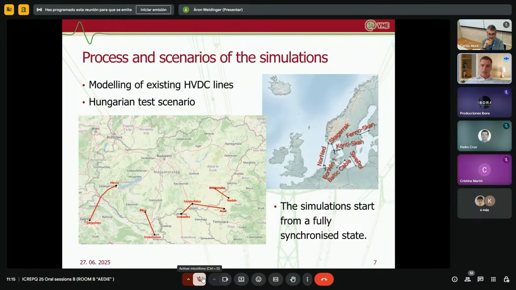Our simulations began by modeling all currently operational HVDC lines in Europe. Then we moved onto a Hungarian test scenario where extra HVDC links have been added based on literature and real events, such as the 2021 Balkan incident. And these lines can also be seen on the first picture in red color.